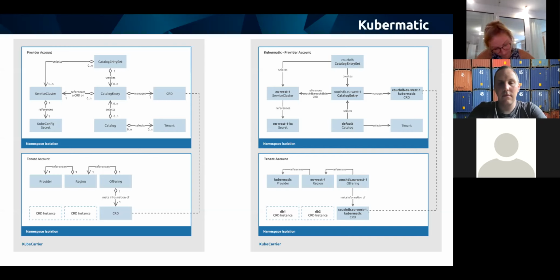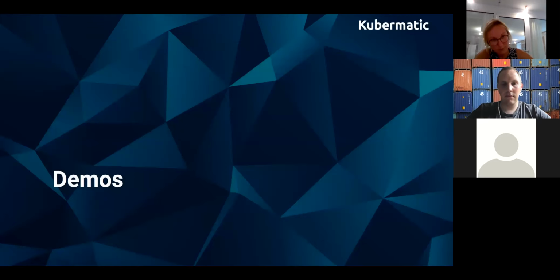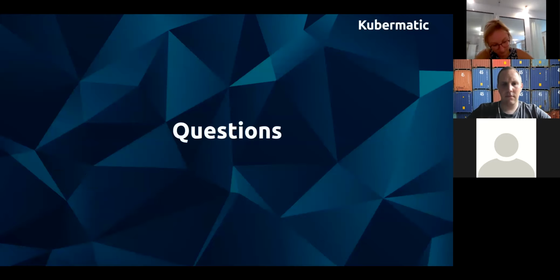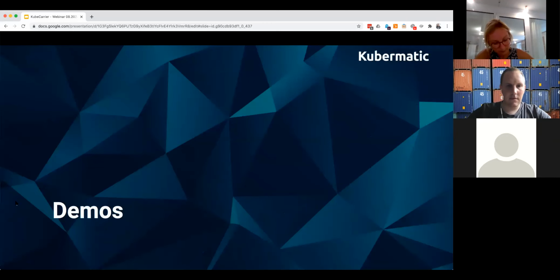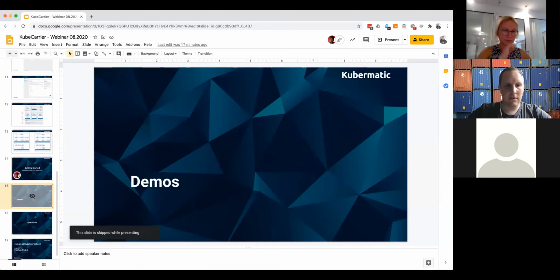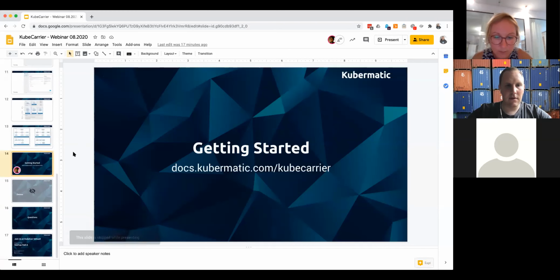Yeah, and to get started with it and get your hands dirty, when you go to the next slide, I hope this shows the link now. For getting started, we have updated our documentation and have a complete getting started guide.